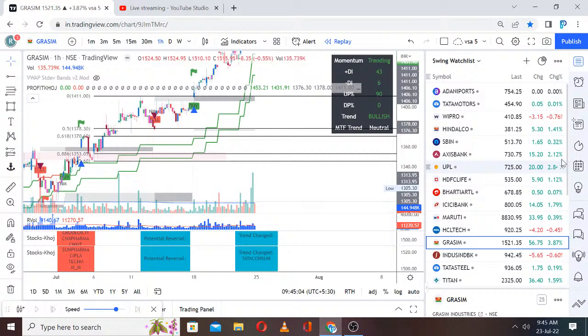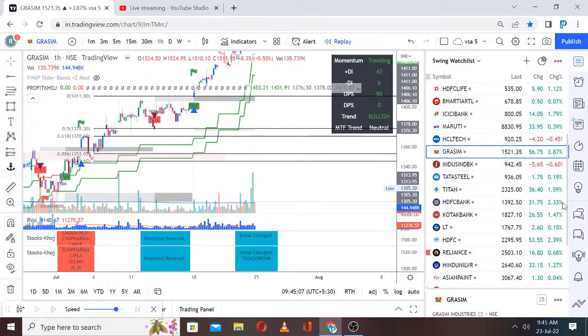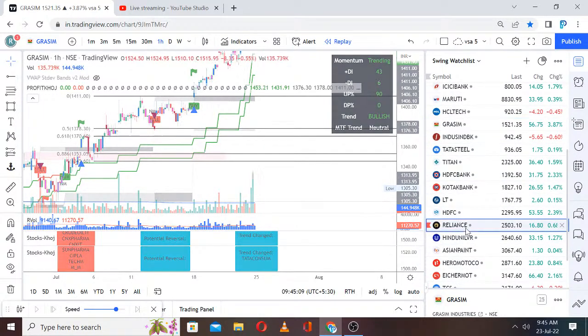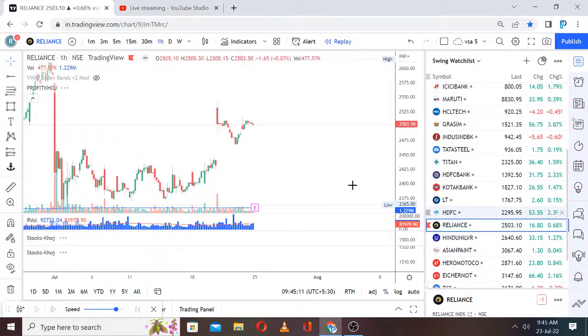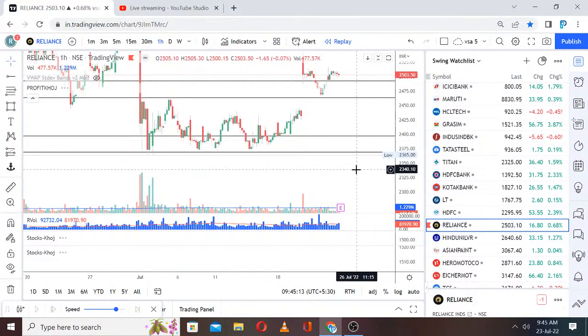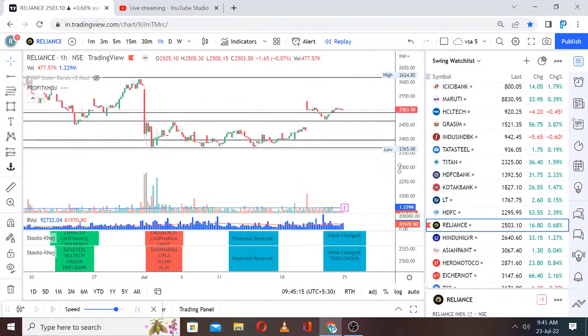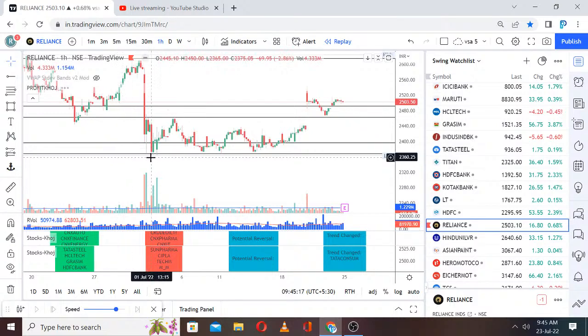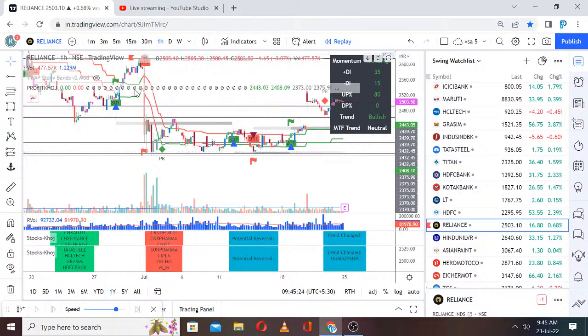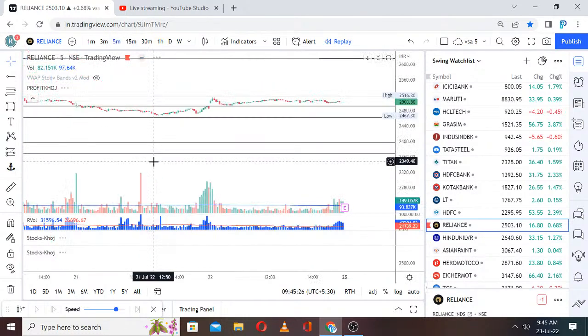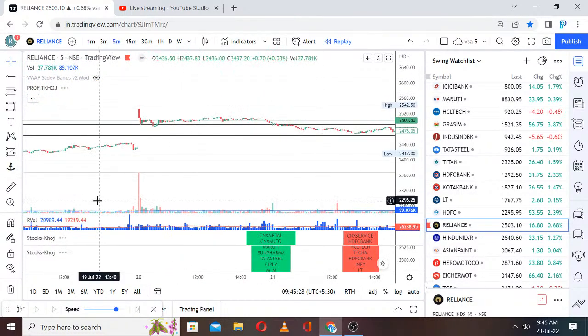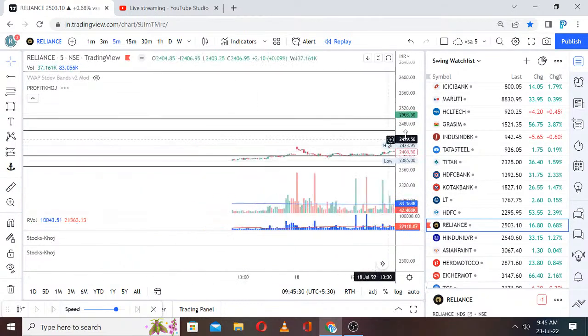So what I'll do is I'll first show my swing trade in Reliance. See, I have marked the fib zones here. So in hourly it came to the lower fib zone. Then go into the 5 minute chart for entry, right?